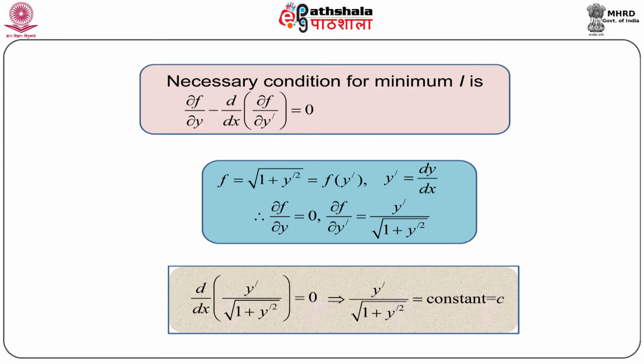Since f depends on only y dash, we have del f by del y equal to 0, whereas del f by del y dash gives this. If we substitute these two in the Euler-Lagrange equation, we get this one. After integration, this gives y dash divided by root over 1 plus y dash square equal to constant.